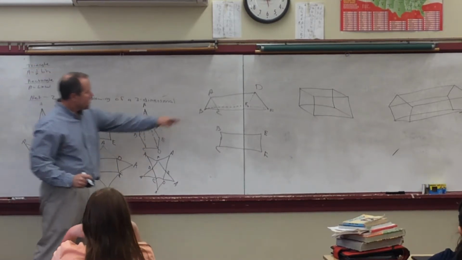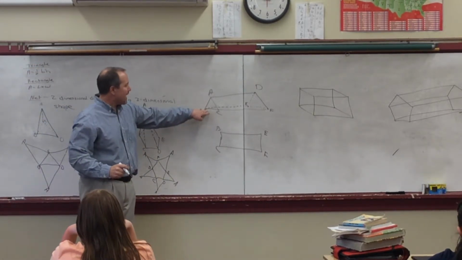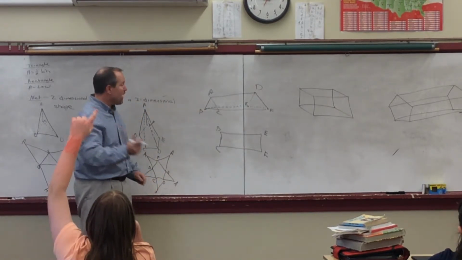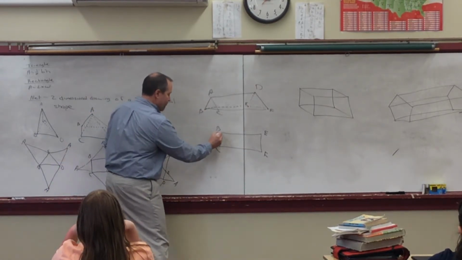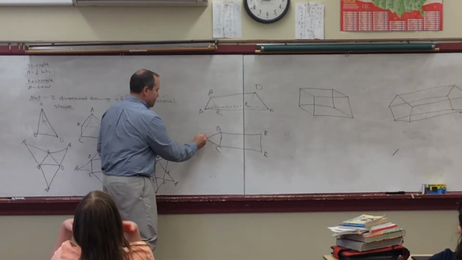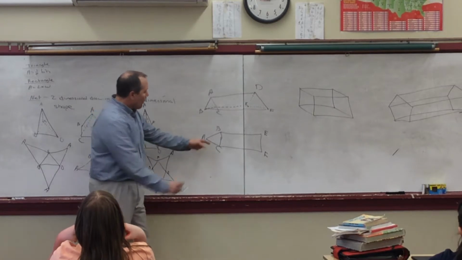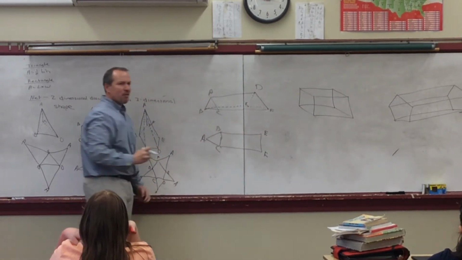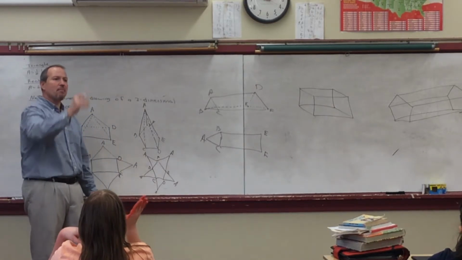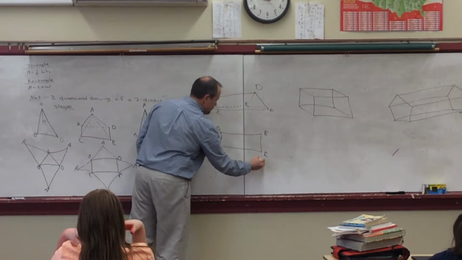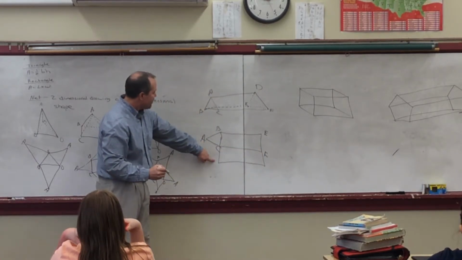Now, what base can I make with side BC? What shape? A triangle. What point is this out here? A. What base can I make with CF? Here's CF. What lateral face is what shape? A rectangle. And what goes with C?